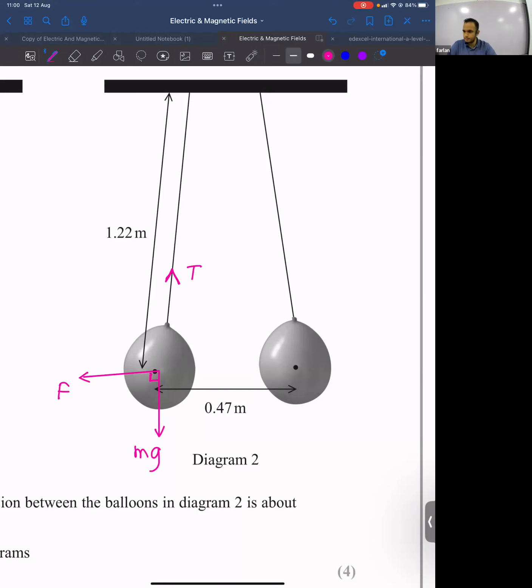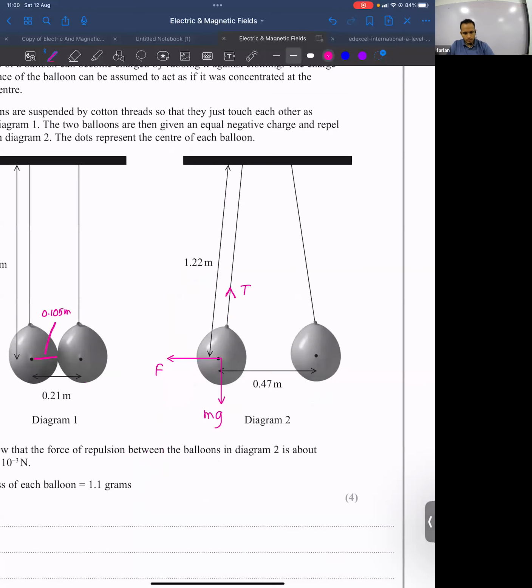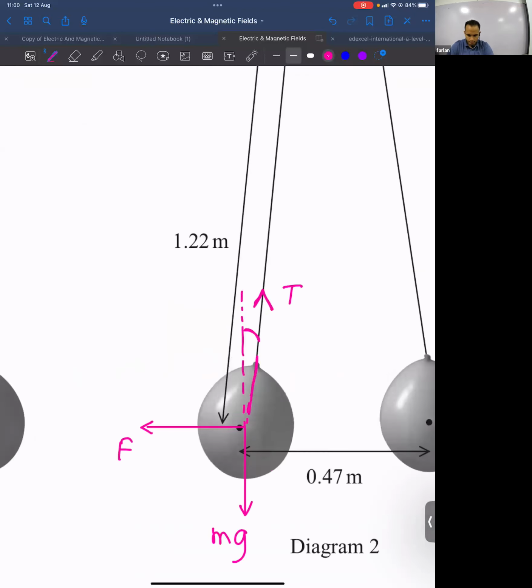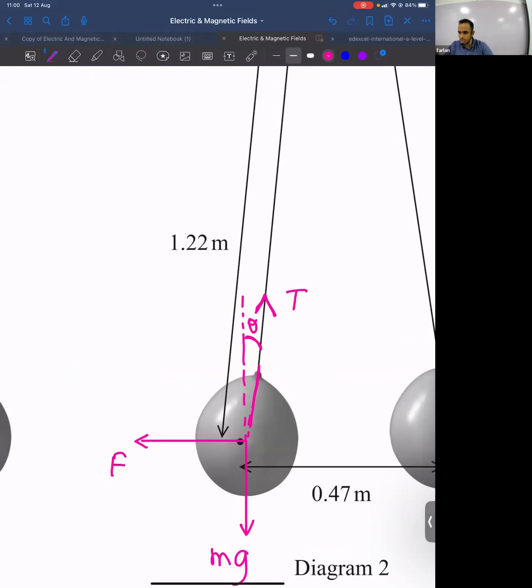These are the forces acting on the balloon. Now this balloon is under equilibrium with these three forces. Correct? I will take the angle the string makes with the vertical to be theta.